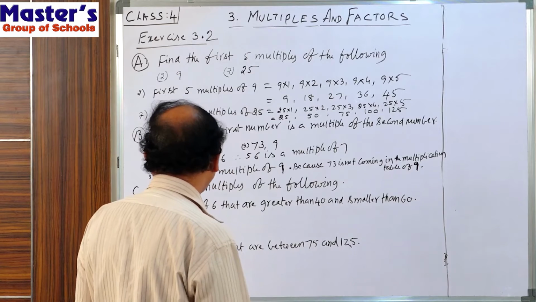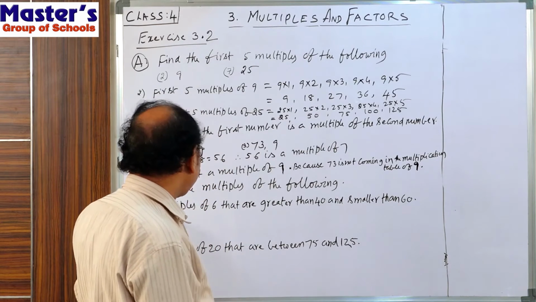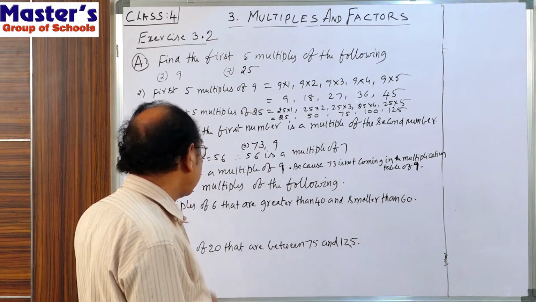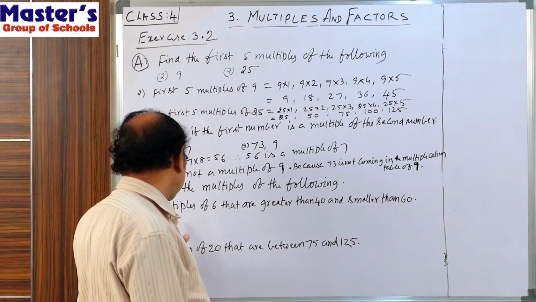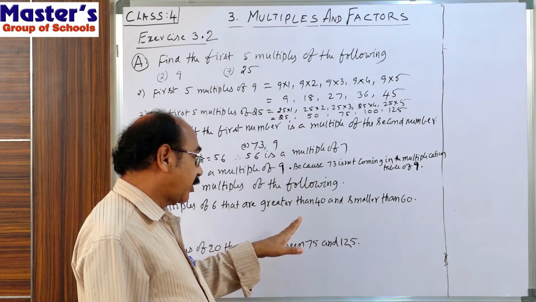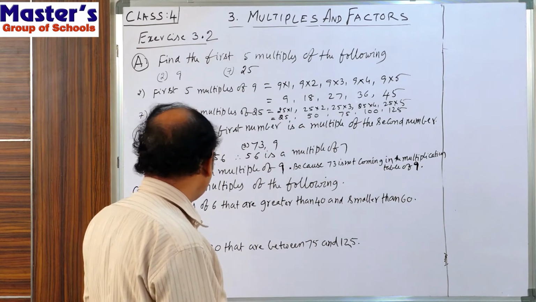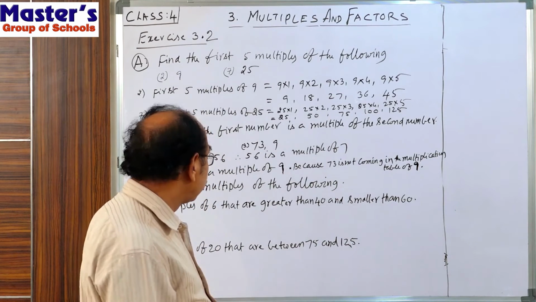Like that. Okay, children. Now see, next we come to section C. Write the multiples of the following. First question: multiples of 6 that are greater than 40 and smaller than 60. Multiples of 6 we want.